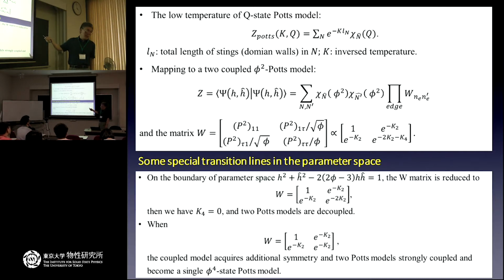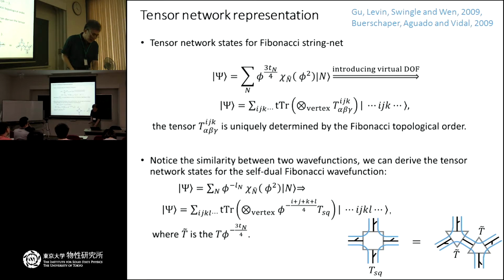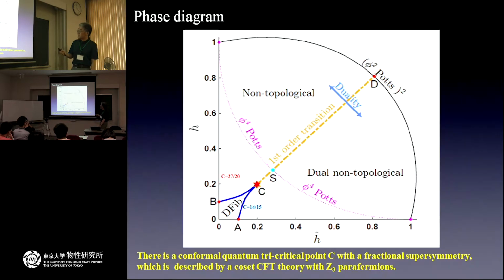This phi is the golden ratio for the Fibonacci anyon. Actually this is a new type of statistical classical model. We have used the tensor network to get the full phase diagram for this partition function. Here's the result.